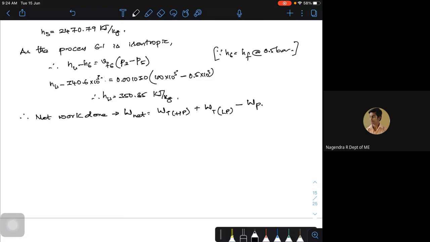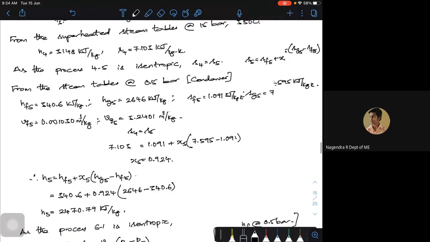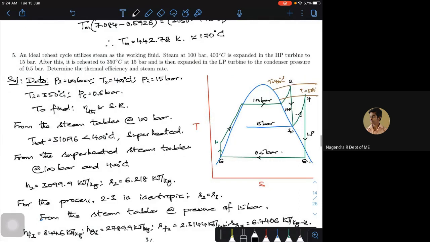Going to the TS diagram, H2 minus H3S is the HP turbine work, plus H4 minus H5S is the work done in the low pressure turbine, minus H1S minus H6.